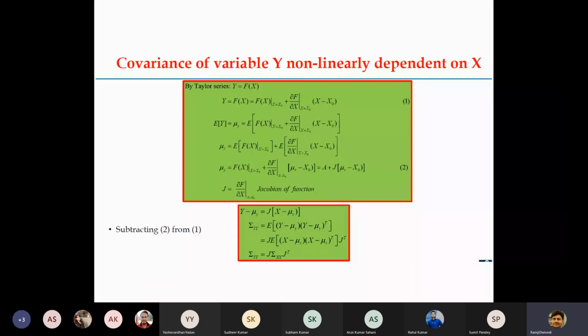There's one student called Praveen Kumar, another student called Shreya Goswami, and the third student is Alok Singh. They are not attending the classes regularly. So what will happen? Your stipend will not be released. Okay. So please make sure that you are attending classes regularly.